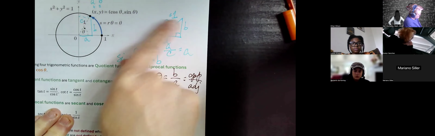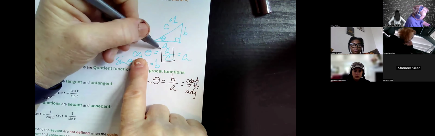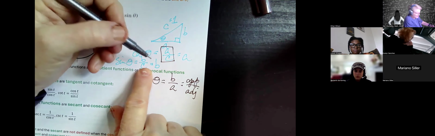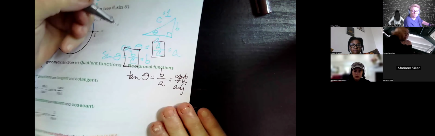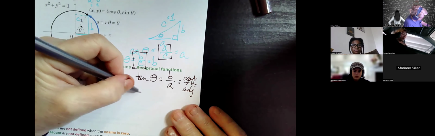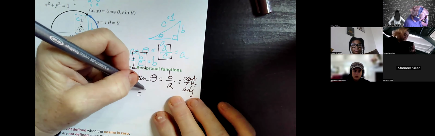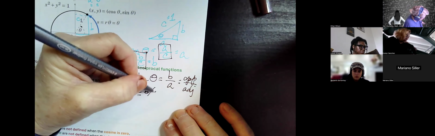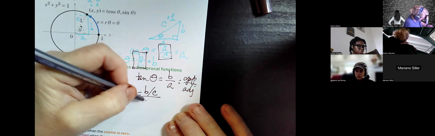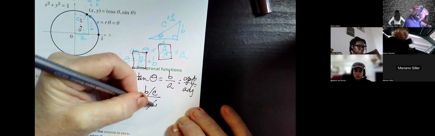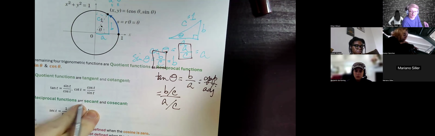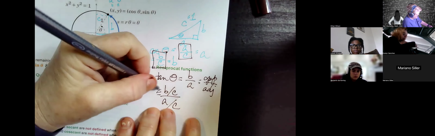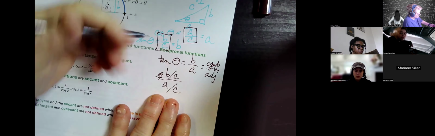And let's take the sine and the cosine from before. We know that the cosine is A over C and the sine is B over C. So let's find B over C divided by A over C. Let's simplify this complex fraction and see if they are equal.